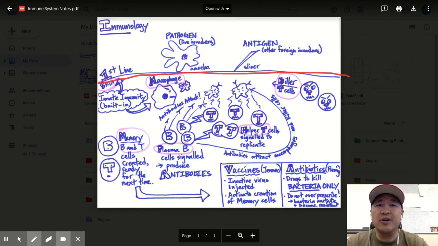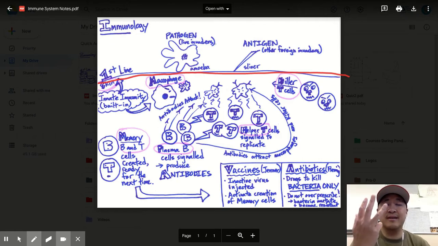So a lot of things can cause diseases, as you've seen in previous videos. Viruses, bacteria, even fungi, certain protists. So anything that invades your body that's alive is called a pathogen. Well, viruses are not considered alive, but we would still consider them a type of pathogen.